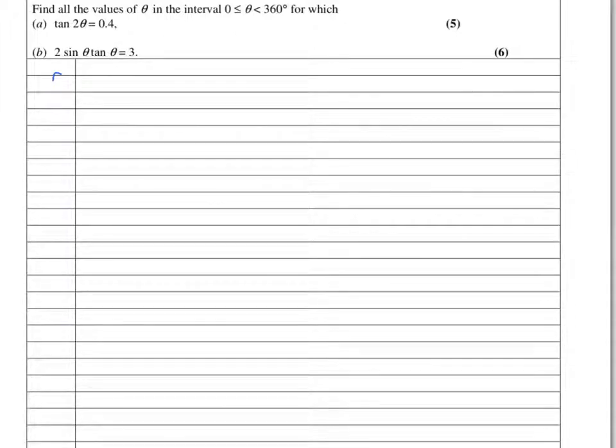So for part A, I want 0 is less than or equal to 2 theta, because theta times 2 is just 0, and that's less than 720 degrees. So when I find my values of 2 theta, I know I want to go all the way up to 720 degrees, so I don't miss anything out.